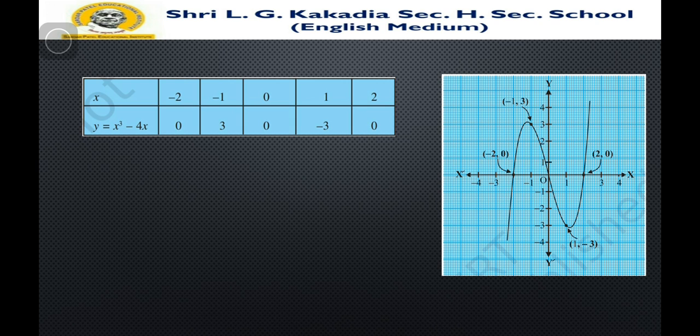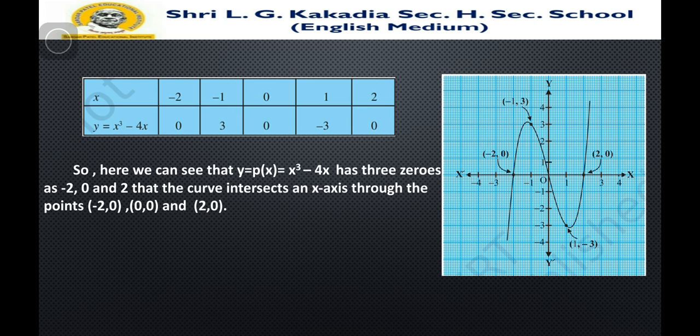So the polynomial x³ − 4x has 3 zeros, with x coordinates −2, 0 and 2. The curve intersects the x-axis at these points.